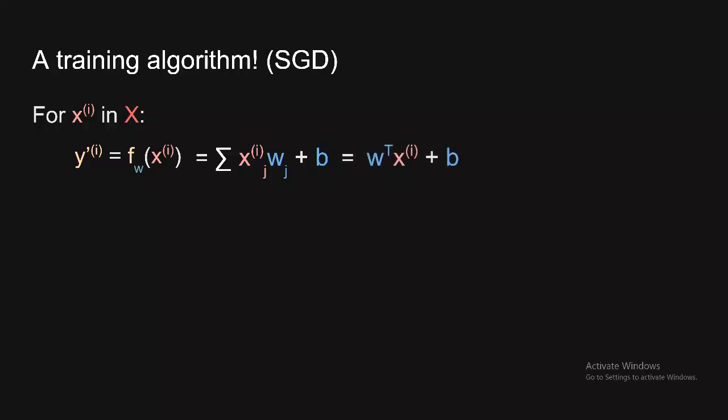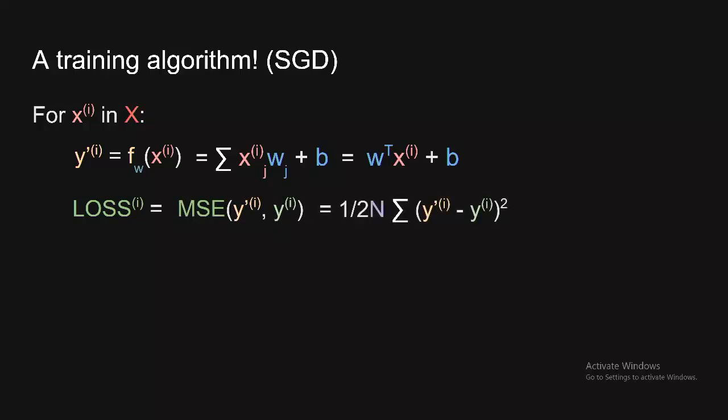This is also W transpose X. It's just the same exact thing, plus B. So these are the exact same thing. Again, I'm going to drill that home forever so you guys don't forget. That is what this is. Matrix multiplication is basically the same as a summation. Cool. Then we calculate our loss. This is, in our case, MSE, which we defined this way in the homework.